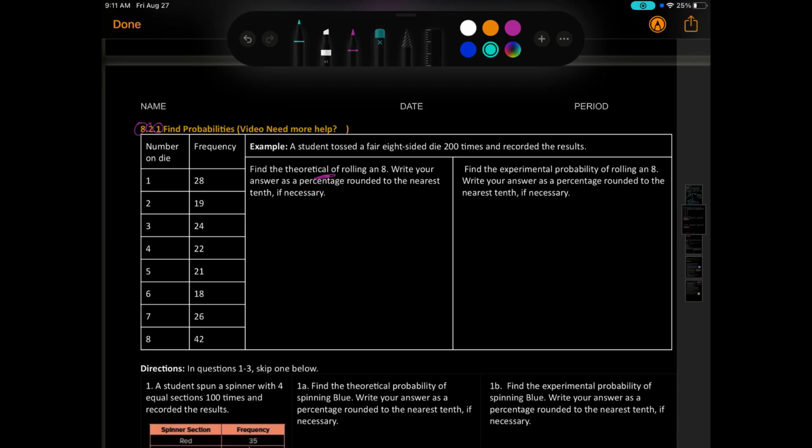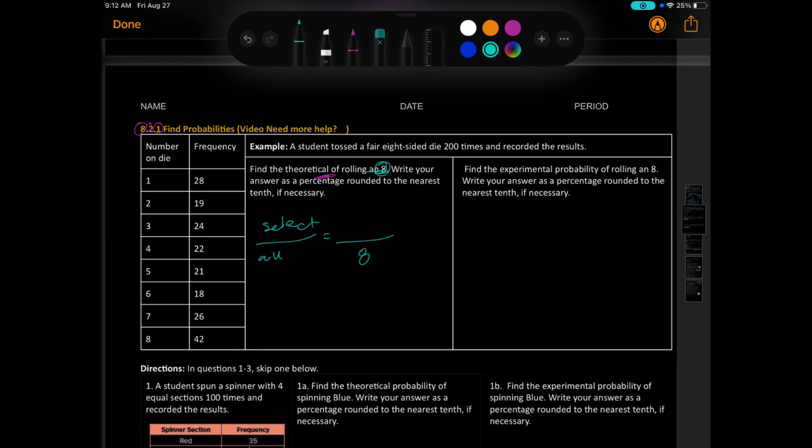Okay, in this example, you have an 8-sided die. And each of these, I don't know how to draw that, but it's equally likely to get a number. So, remember we have the all, and then what we want are selected. So our total is 8.